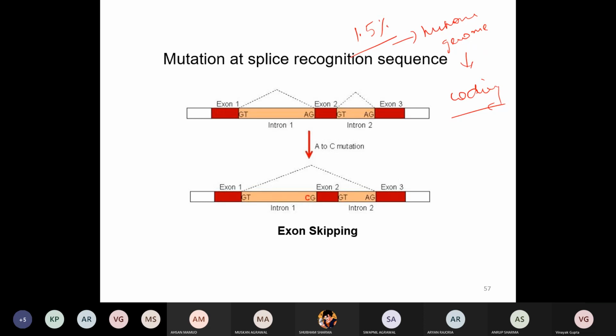Some functions people have figured out, but that is at a very initial stage. Some research has shown that these introns consist of enhancer elements. That is a very hot topic.